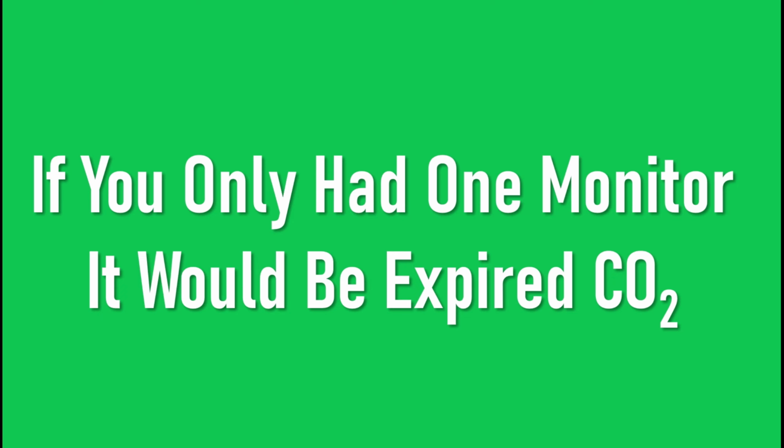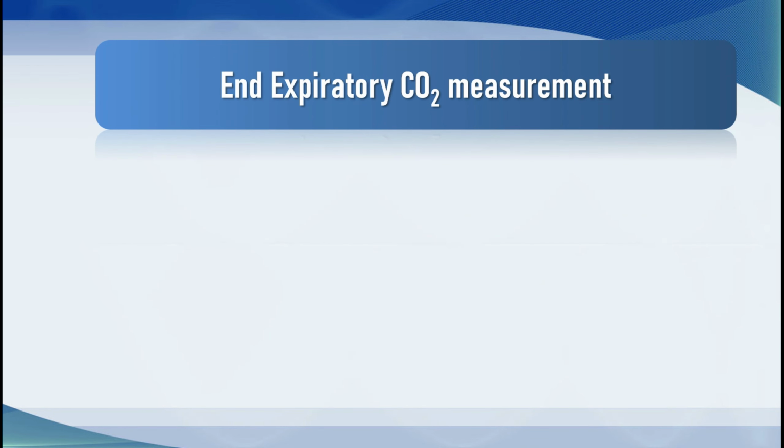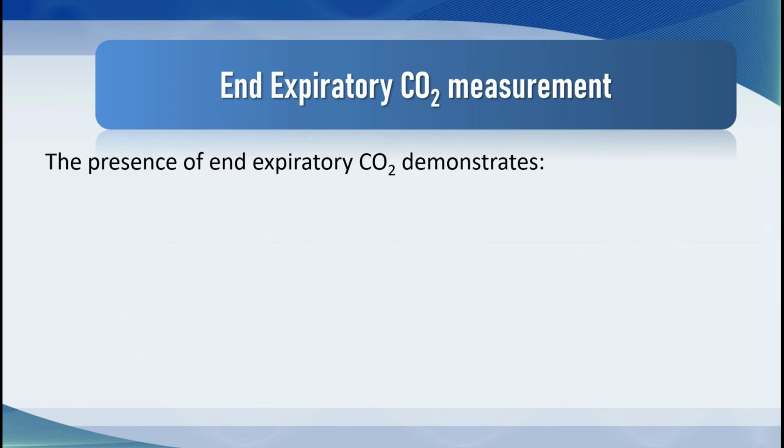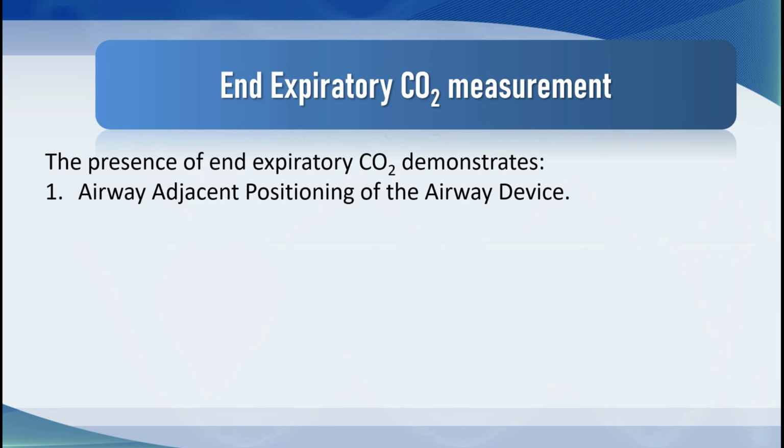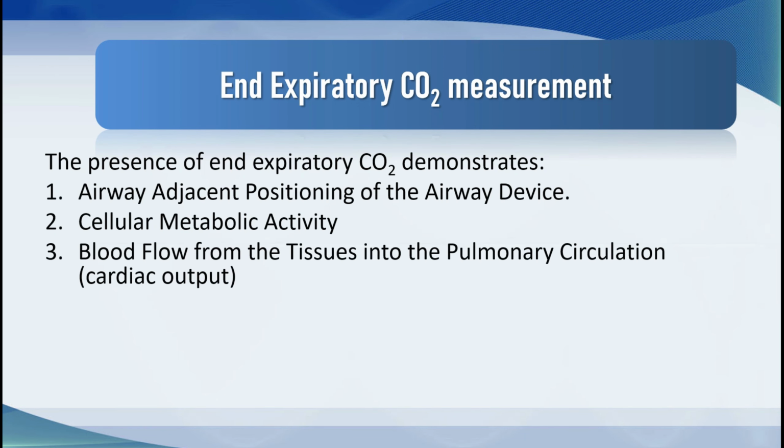If you only had one monitor, it would be expired CO2, and there are a lot of good reasons for this. The presence of end expiratory CO2 demonstrates airway adjacent positioning of the airway device or endotracheal tube, cellular metabolic activity and blood flow from the tissues to the pulmonary circulation, otherwise known as cardiac output.